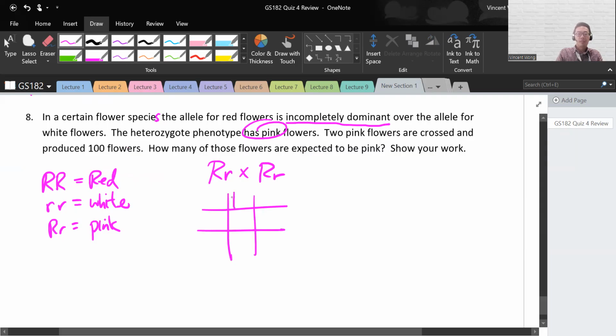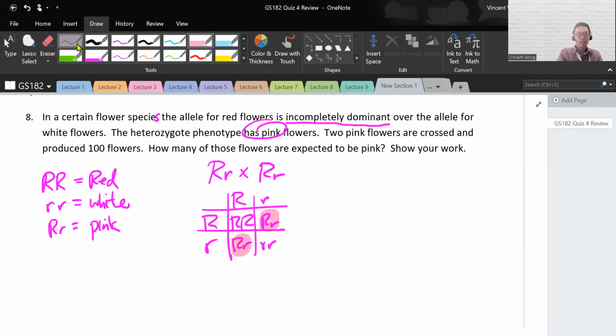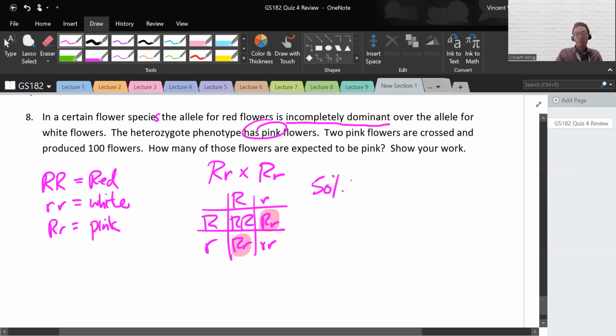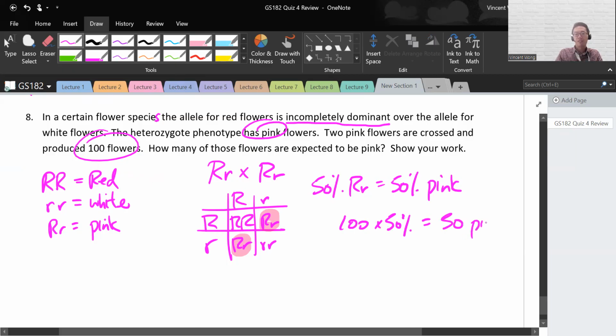And when we fill in the Punnett square, we can see that there is a 50% chance that we're going to produce an offspring with big R, small r, which means there's a 50% chance it's going to turn out to be pink, right? So if they produce 100 flowers, 50% of 100 is 50, right? So you would expect to have 50 pink flowers. And that's how you do it.